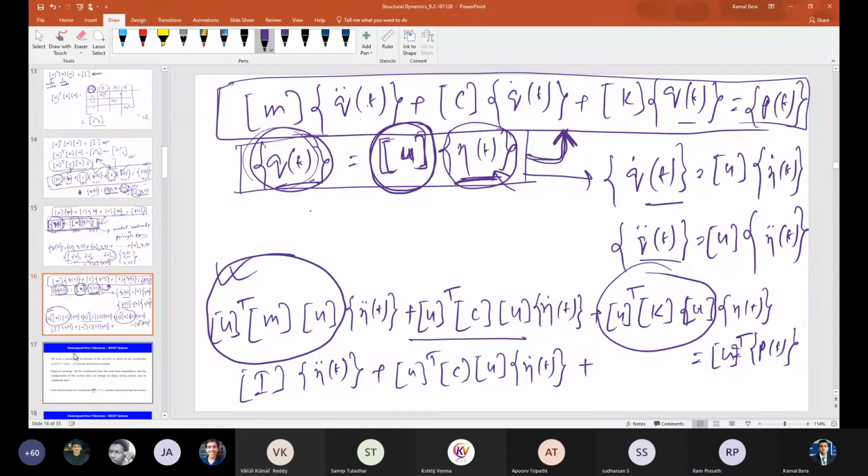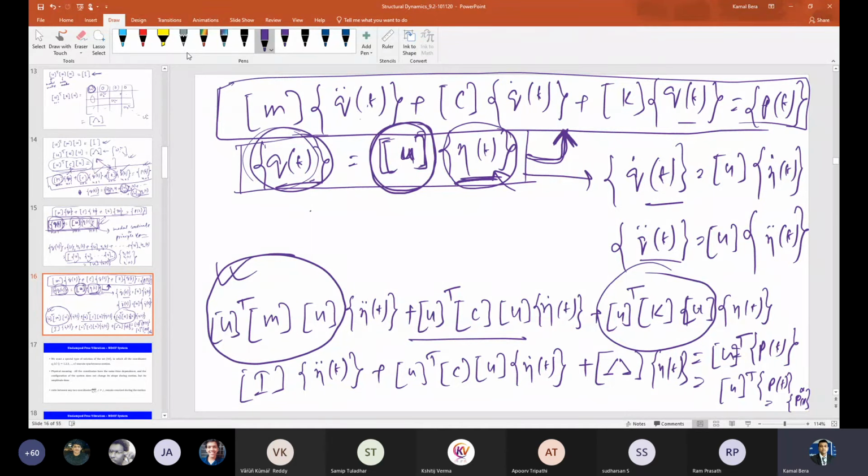Spectral matrix. That is the diagonal of omega square, right? Equals U transpose into P t. That will give you a vector, because n cross n into n cross 1, so you will get a new vector. Let's say P star. Okay.